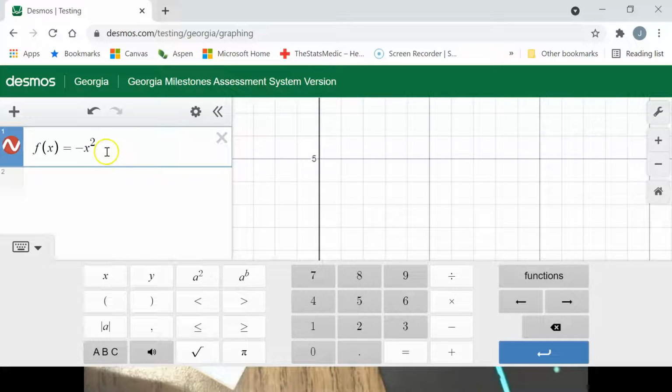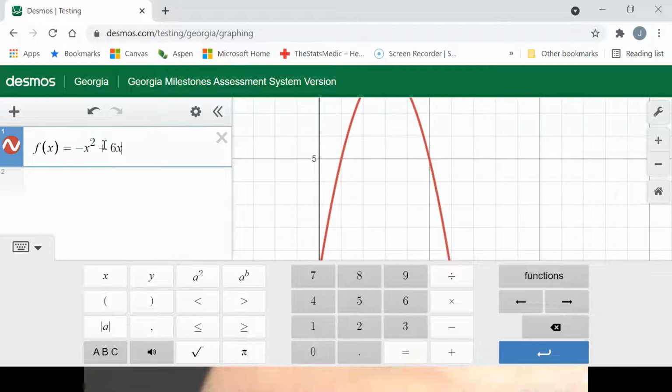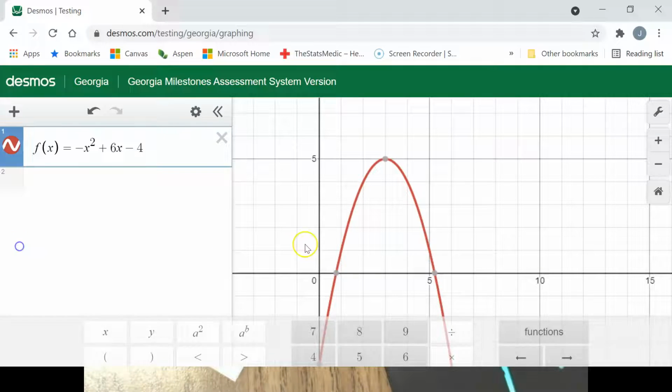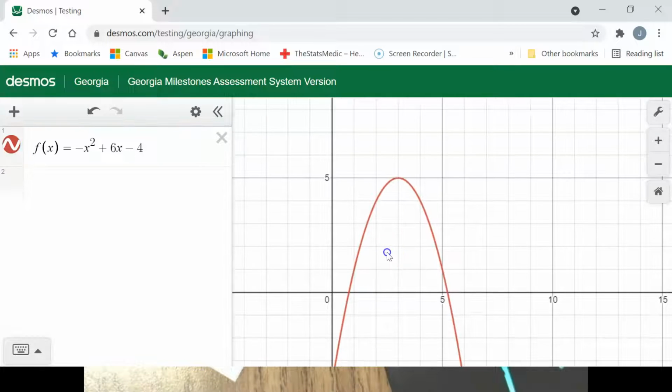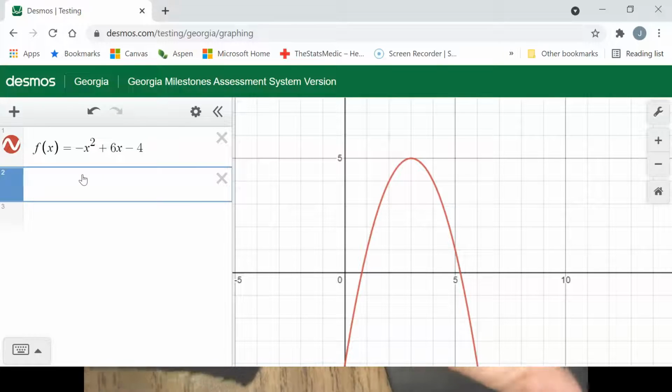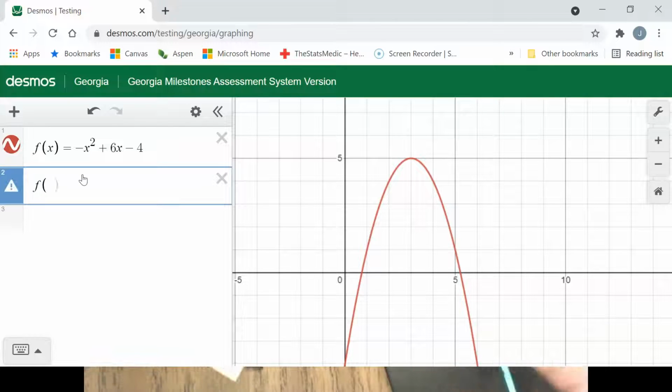Make sure your cursor comes back down. So negative x squared plus 6x minus 4. Okay? So this is called a parabola. We talked about those earlier. Now, I want to know specifically about f of 5. So I'm going to type in f of 5.